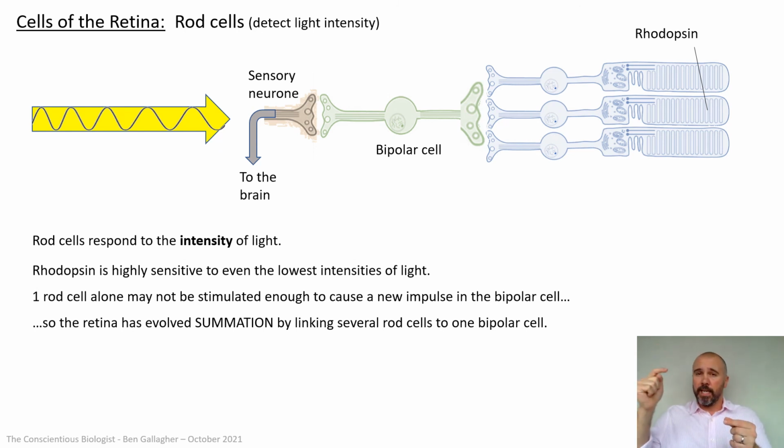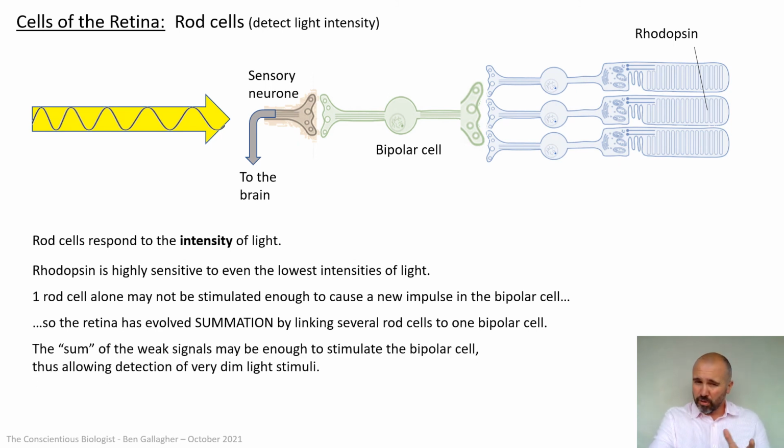But if 3 or 4 or however many are stimulated enough that collectively, the sum of their neurotransmitter moving across to the bipolar cell is enough to reach the threshold potential, then you'll get a signal along the bipolar cell and it will tell your brain, yeah, there is some light here.